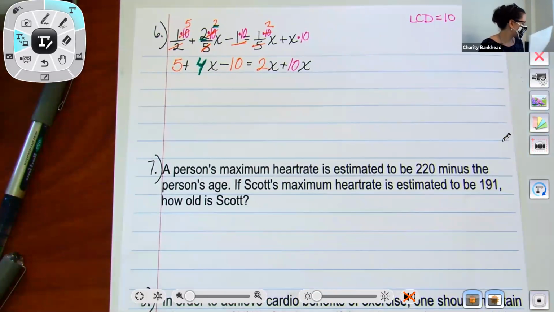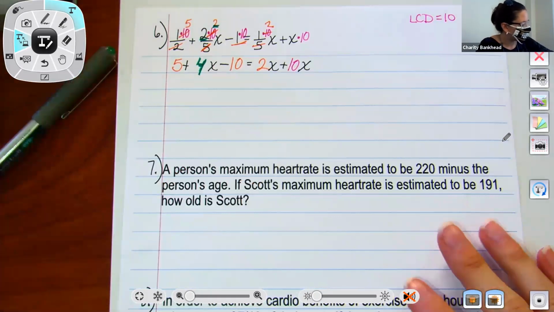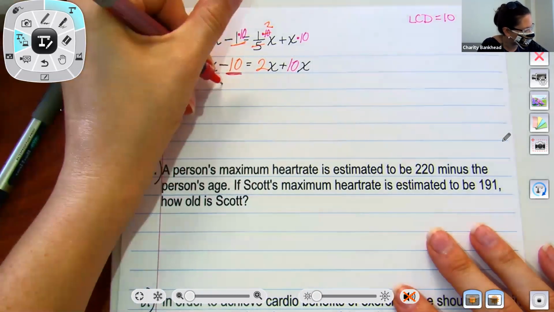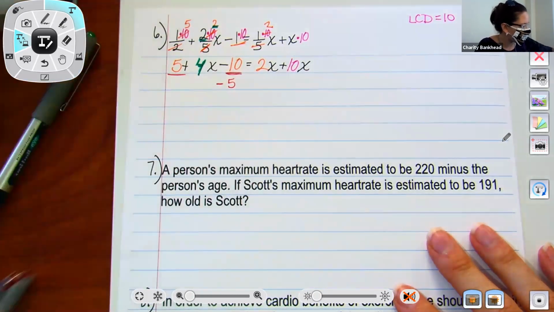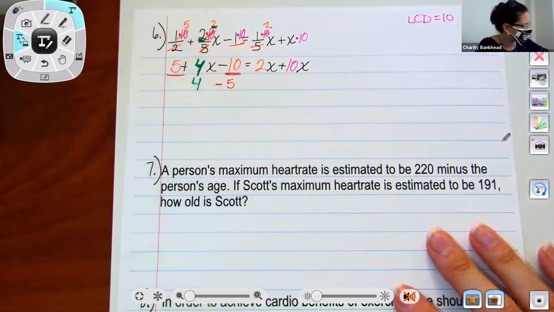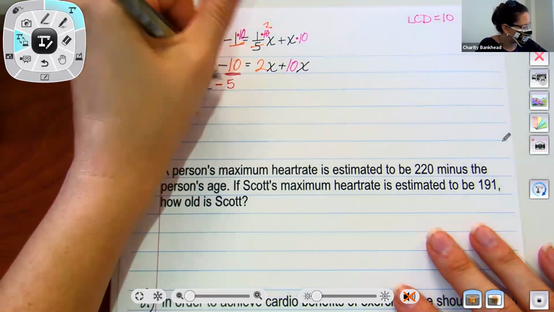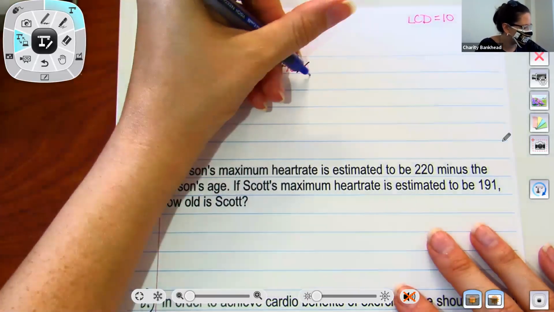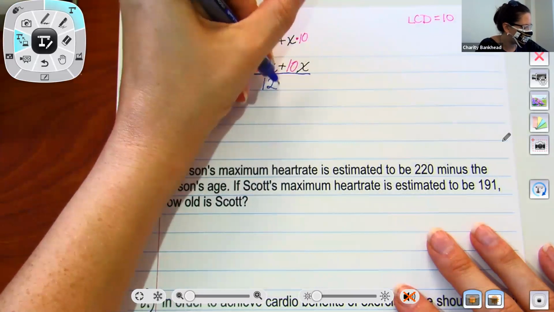All right, so now we're done with all the fractions. Now it's just a normal equation. So 5 minus 10 would equal -5. So I have 4x minus 5 equals, and then 2x plus 10x would equal 12x.